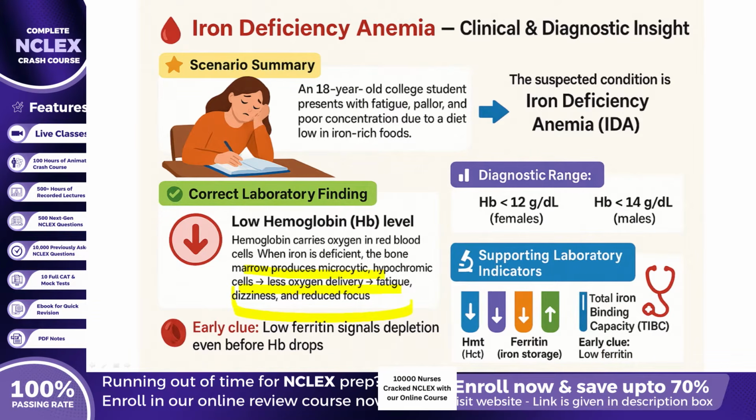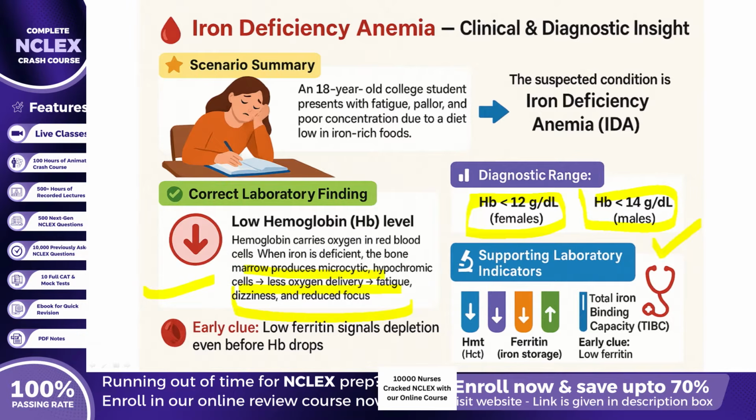This leads to clinical manifestations such as fatigue, dizziness, shortness of breath, and reduced concentration. A hemoglobin level below 12 grams per deciliter in females or below 14 grams per deciliter in males confirms a diminished oxygen carrying capacity, consistent with iron deficiency.